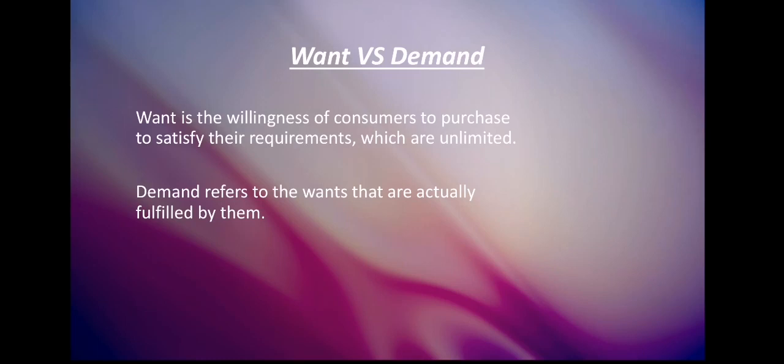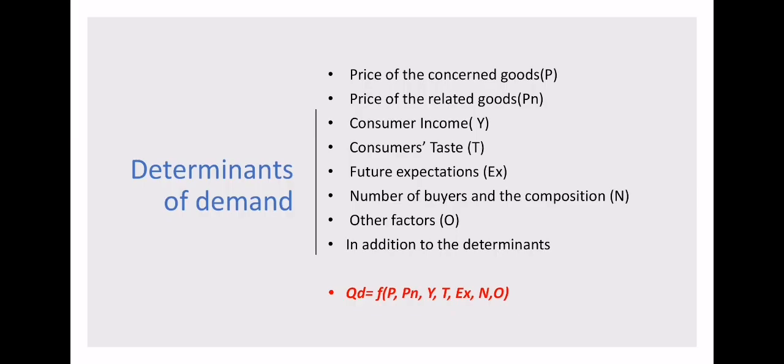You may want to buy a BMW and a Rolls Royce, but you have the ability to buy only the BMW, let's say. And you end up buying only the BMW. Therefore there's demand for the BMW while there's a want for both of those vehicles. I hope you understood that.